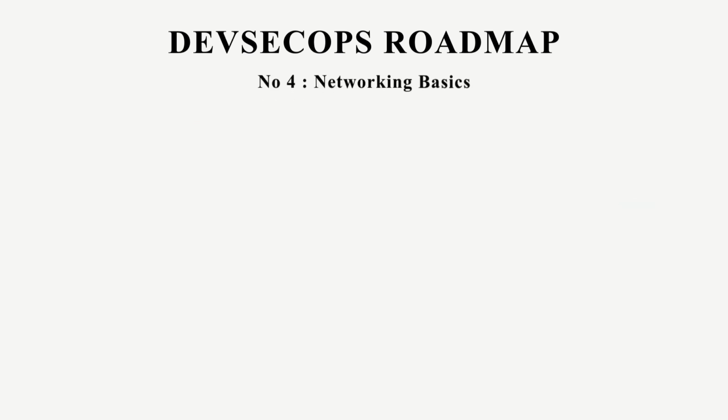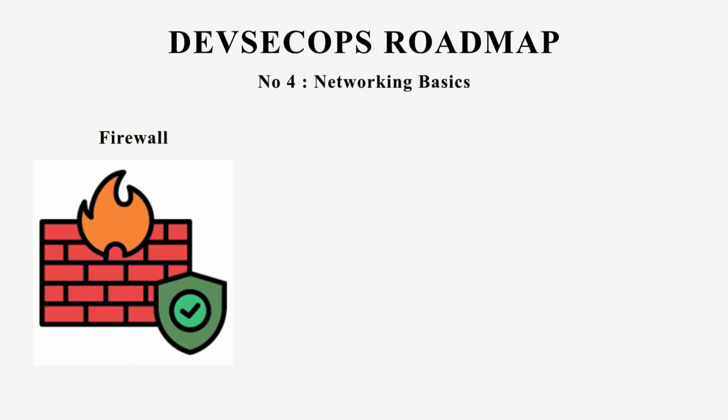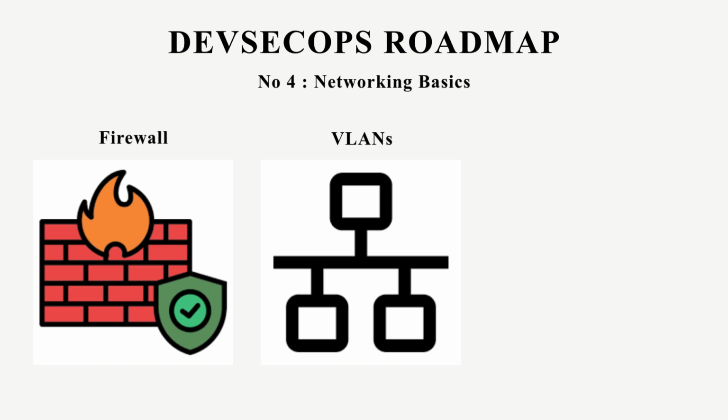Number 4, networking basics. DevSecOps engineers must understand networking. Security controls often exist at the network level, for example, firewalls filter incoming and outgoing network traffic. They block malicious connections. Another important concept is VLANs, which separate network traffic into isolated segments.